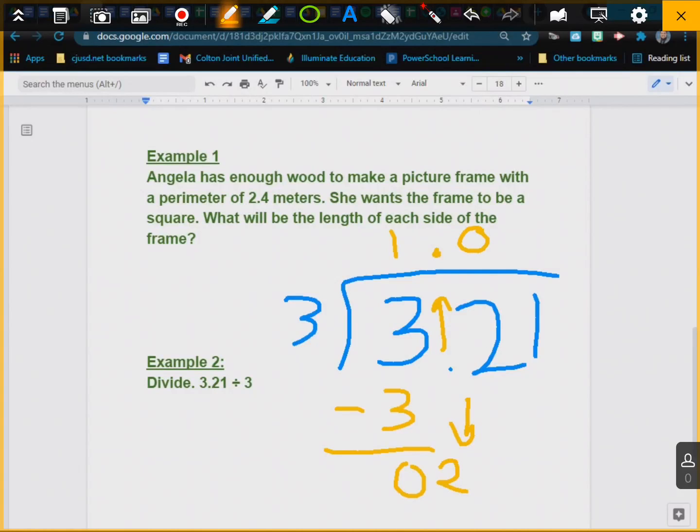So I'm just going to bring down another one. And I know 3 goes into 21 7 times. 3 times 7 is 21. 21 minus 21 is 0. I have 0 left over. I'm not going to write that because we should know that with our long division from the previous lessons. So we know my final answer is 1.07.